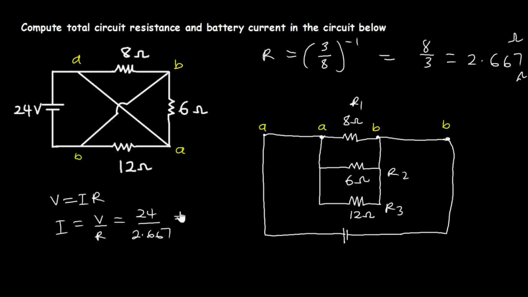So now let's see the value of the current in the circuit. The current is equal to 8.999, and this is approximately 9 amperes. So that will be the value of the current in this circuit.